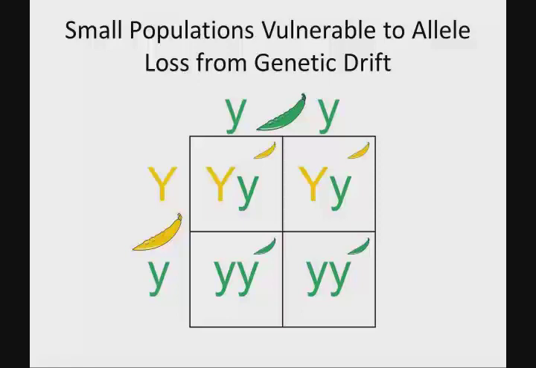Now, if you flip a coin, it's not inconceivable to get heads 3 or 4 times in a row. And if the yellow individual only ends up having green babies, only passing on the small y, the green gene in this case, just because of random chance, then you could potentially lose that yellow allele, that dominant yellow allele.